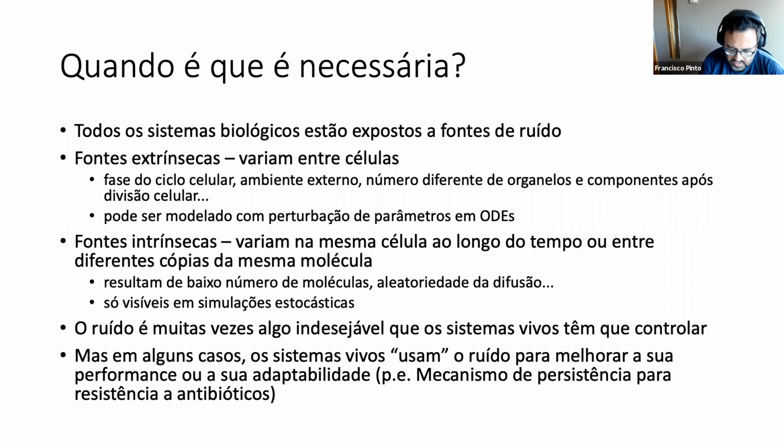One classical example of this exploitation of noise is in bacteria that have antibiotic resistance genes. We live with a lot of bacteria in our gut and on our skin, for example.